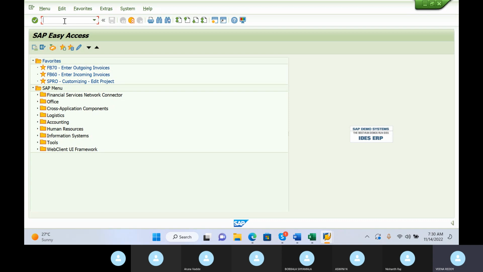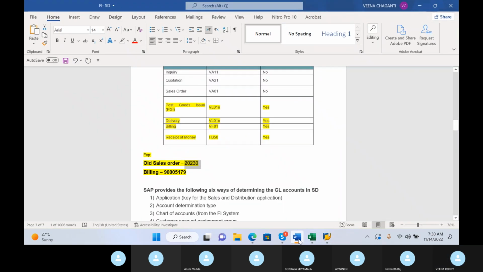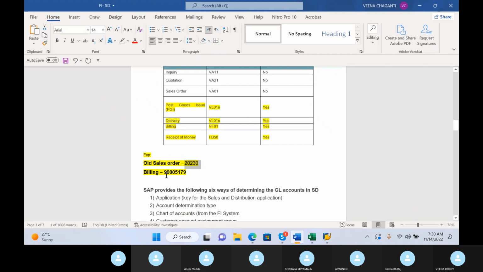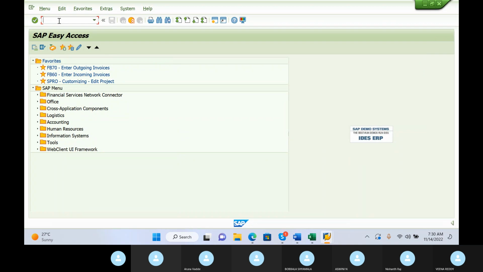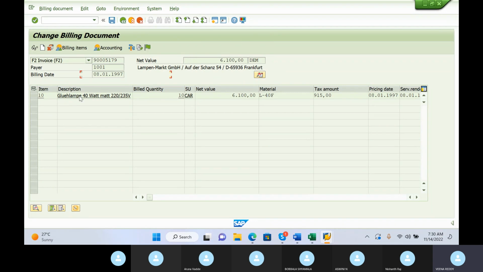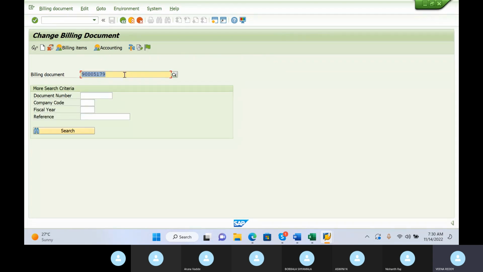That's why I'll show something I have already posted, predefined. 20230. Okay, this is the billing document.